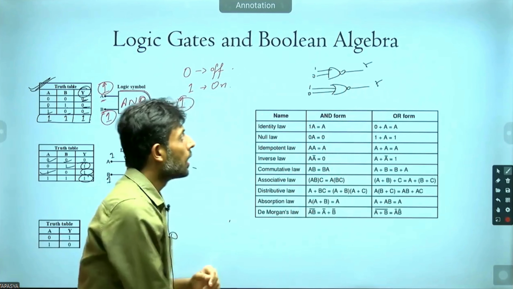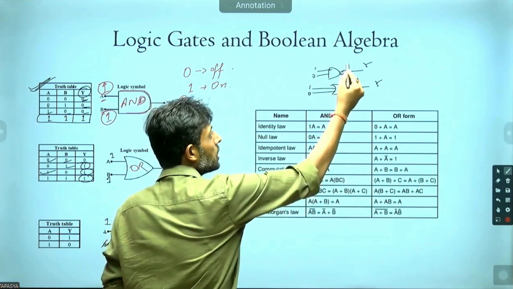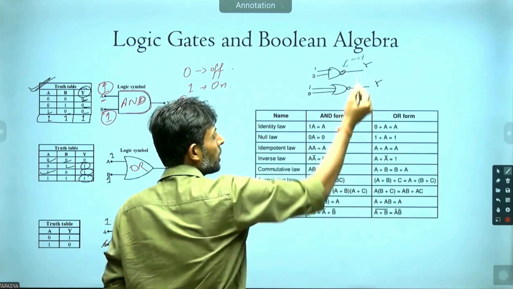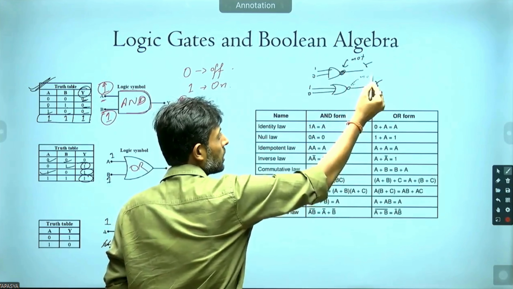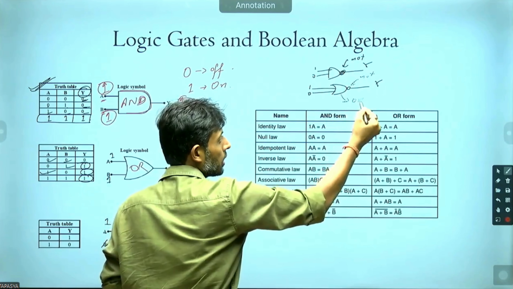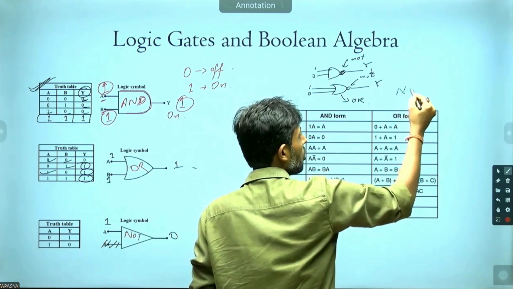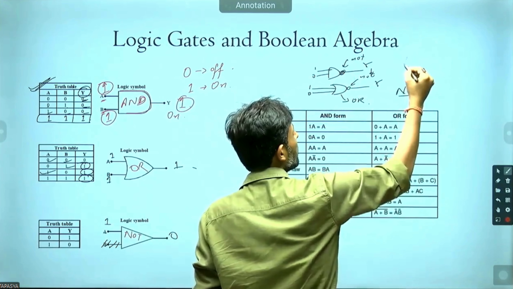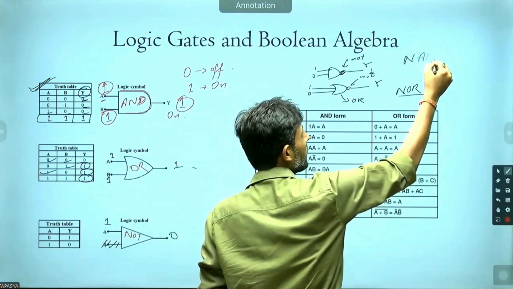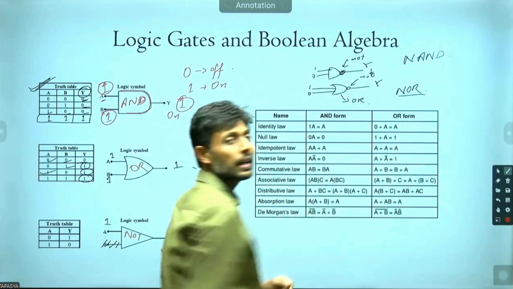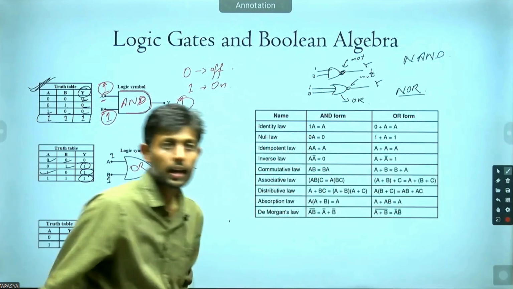So this denotes the NOT gate, and this denotes the OR gate. NOT and OR becomes the NOR gate, and NOT plus AND becomes the NAND gate.